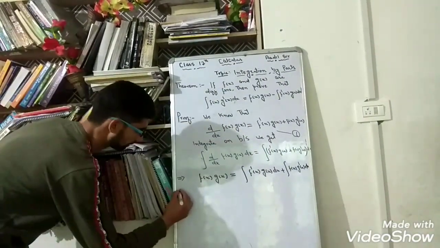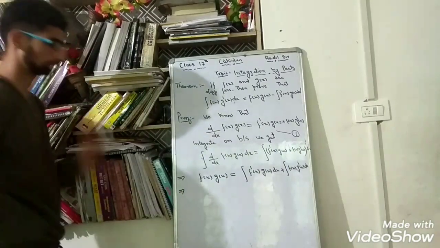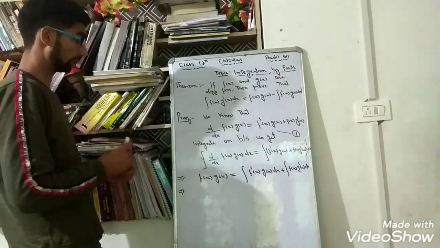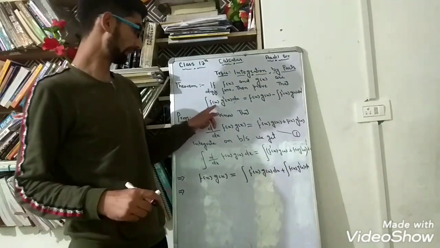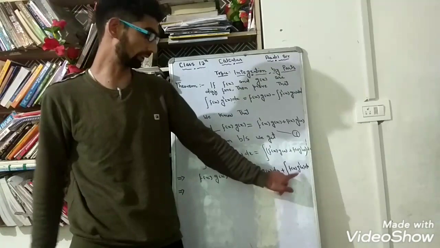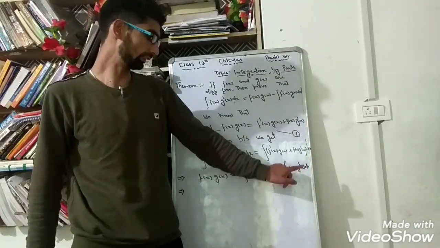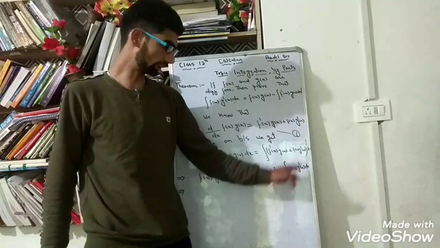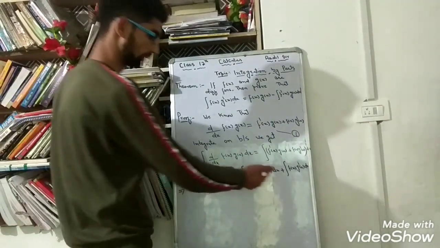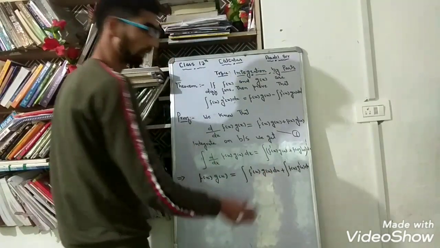which implies, here you check now, I need the integral of f(x) g'(x) dx. So that means I need this integral. I will leave this integral on the RHS, but I will take this one to the LHS.